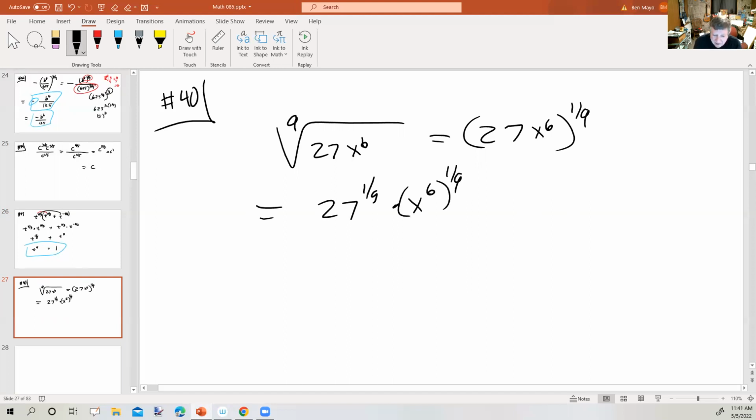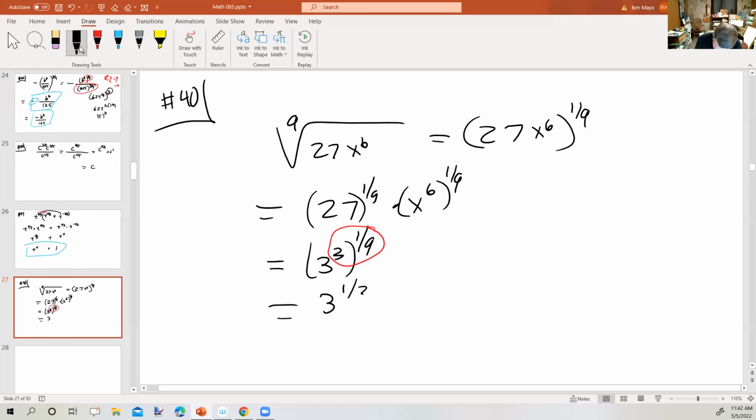So 27 to the 1/9 power. Well, here's the thing, and this is something you may not have thought of before, but hopefully you will in the future. 27 itself could be written as 3 cubed. Okay, so 27 to the 1/9 power is 3 cubed to the 1/9 power, but now we have a power raised to a power, so we'll multiply the exponents. 3 times 1/9 is 3/9, which reduces to 1/3.